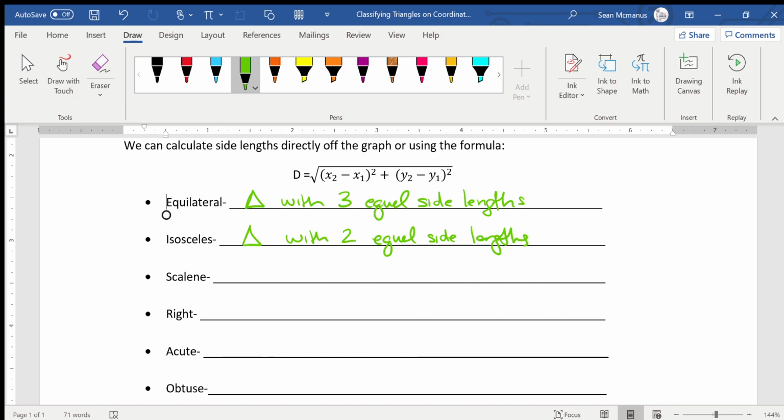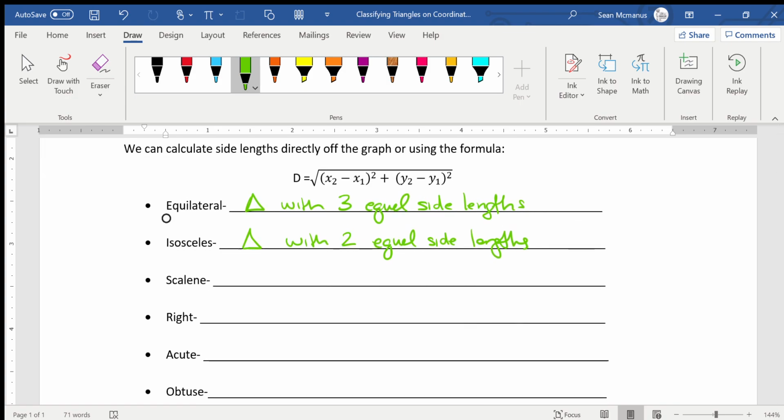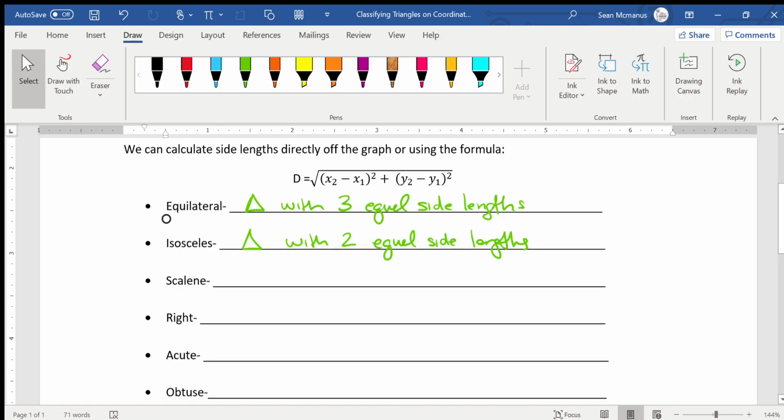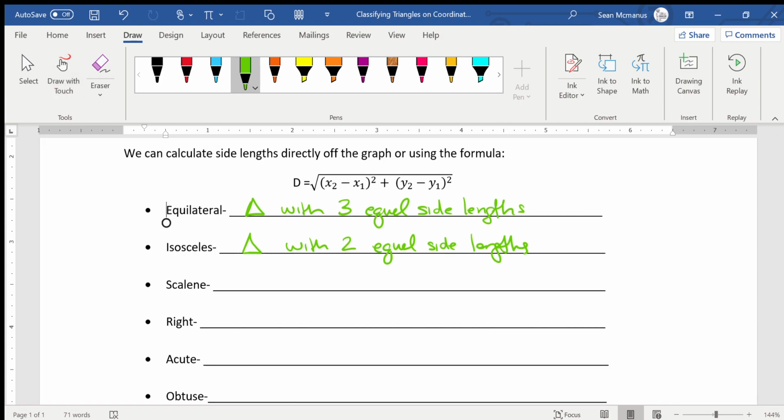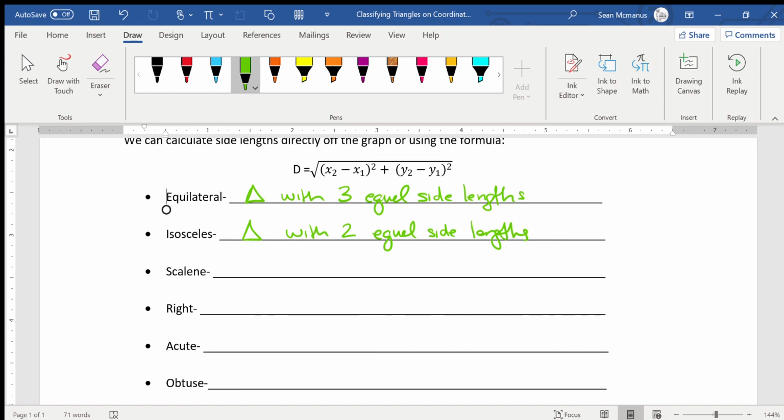In a scalene triangle, after I find the length of all 3 sides, a scalene triangle would be a triangle with 0 equal side lengths.